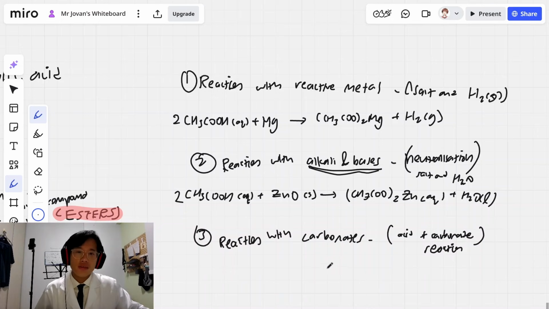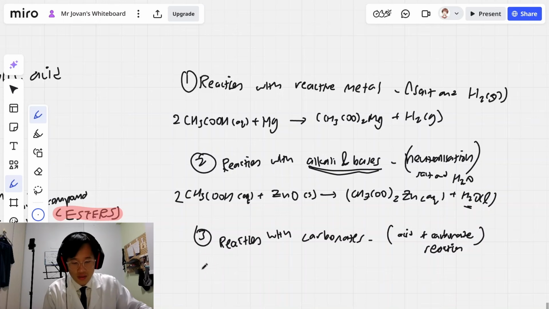Okay, so you can learn more about it from the acid and bases chapter and go look into alkalis and bases. So typical neutralization reaction, we have a salt and a water. Okay, very good.